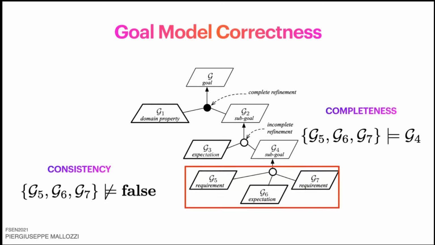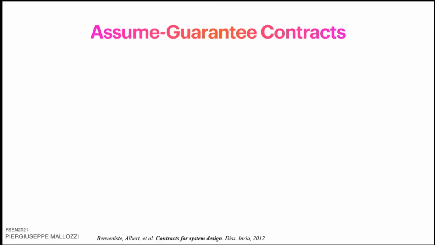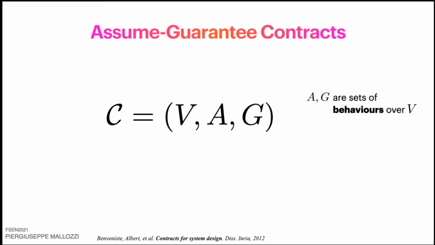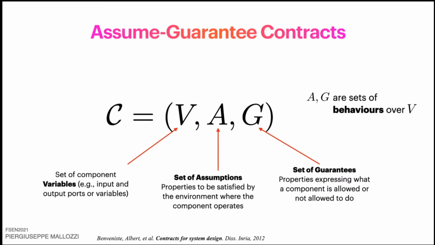So let's talk now about contracts, specifically assume-guarantee contracts. What is an assume-guarantee contract? For our purposes, it is a triple where we have a set of behaviors which represent the assumptions, the properties that we want to be satisfied by the environment where our system components operate, and a set of behaviors that represent the guarantees, the properties that the system components are allowed or not allowed to perform.